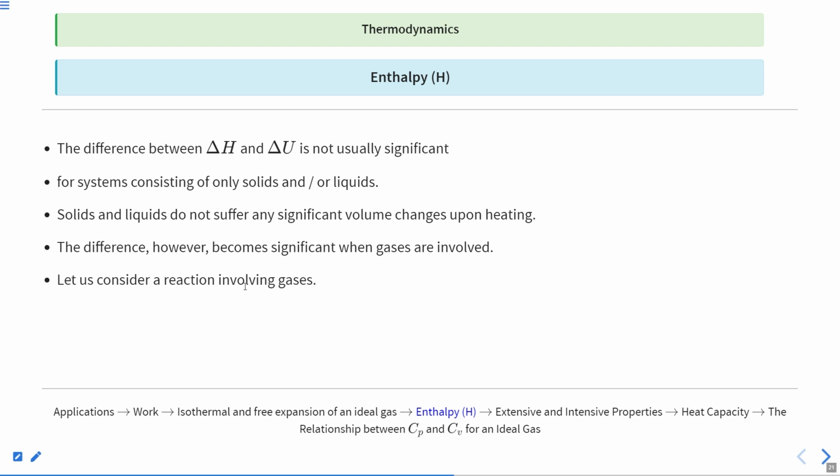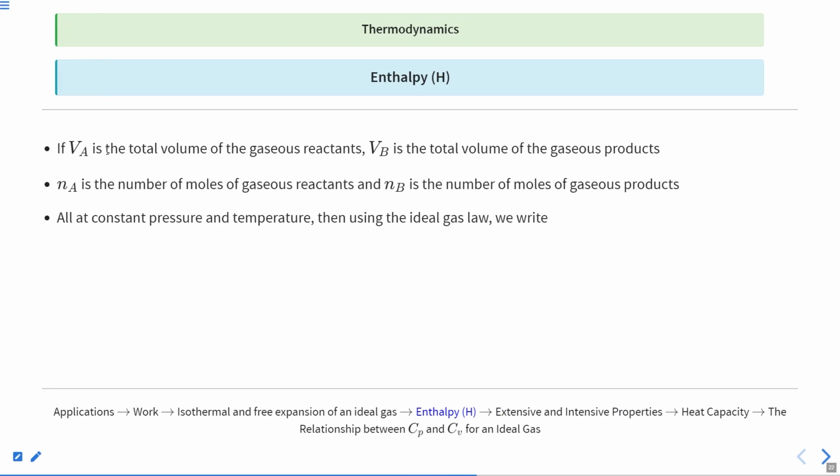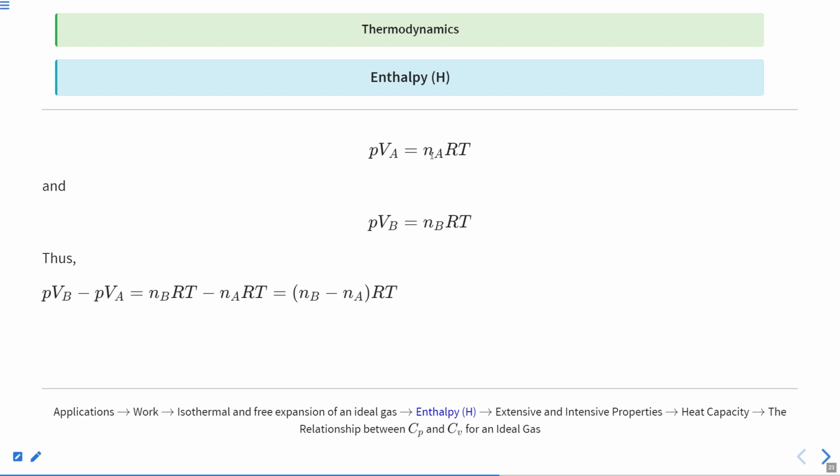So let us consider a reaction in which gases are involved. Suppose VA is the volume of the gaseous reactants initially, and VB is the volume of the gaseous products. So on the product side the volume is VB, and on the reactant side the volume is VA. Now consider that the number of moles on the reactant side is Na and on the product side is Nb. Then using the gas law, we can write PVA is equal to NaRT and PVB is equal to NbRT.